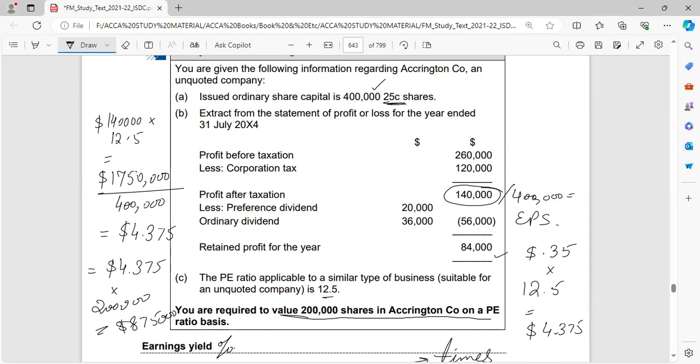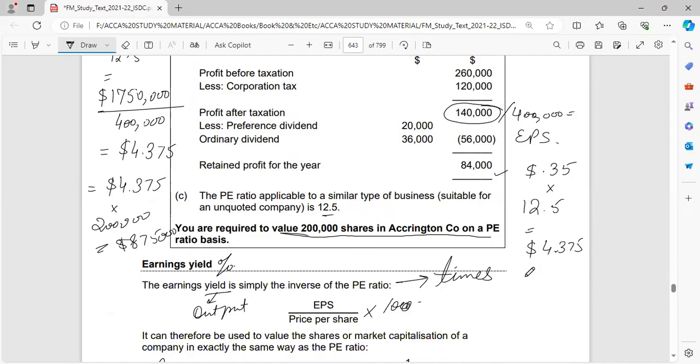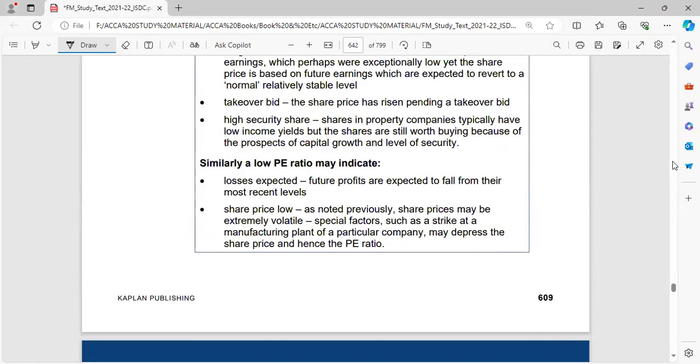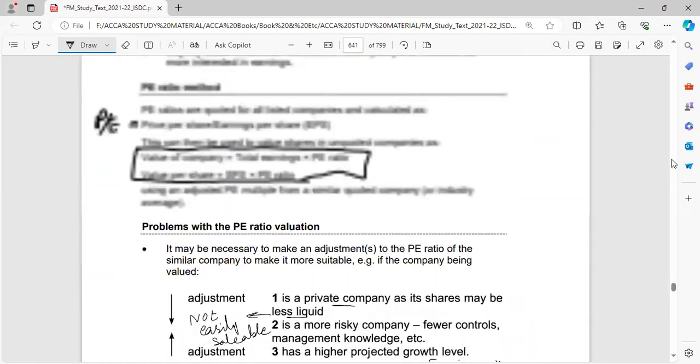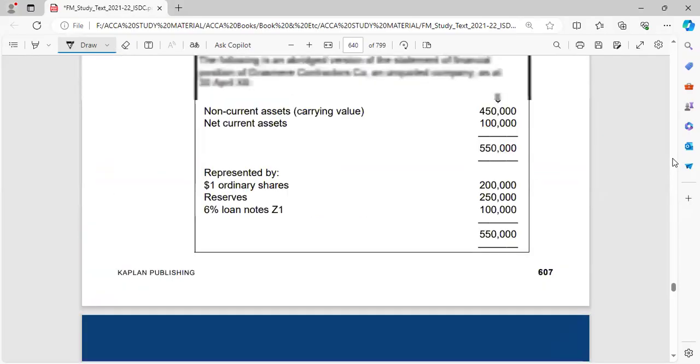Price per share is the same. Either approach can be used. Multiplied by 200,000, definitely you will get the same answer, 875,000. So this is the value of the organization by using these two different approaches.